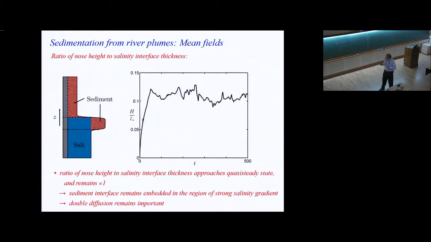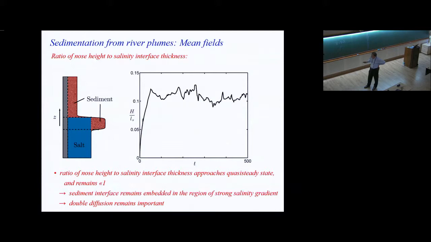Okay, and then if we look at the ratio of the height of this nose region, so this H here, to the effective thickness of the salinity interface, which here is a step profile, we see that this ratio approximates a value of around 0.1, which stays quite constant with time. So that means this sketch here is not at all accurate.